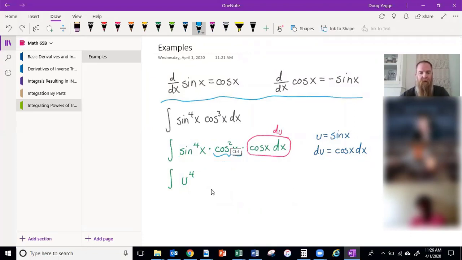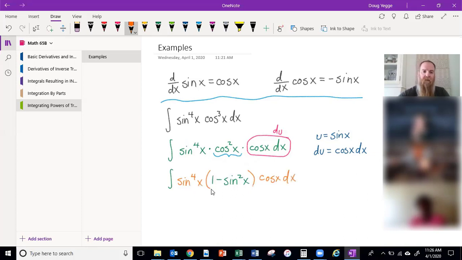Okay, so why don't we go back here and now rewrite this as sine to the fourth x. And now, anytime you see cosine squared x, you should recognize by the Pythagorean identity that that's 1 minus sine squared x, which is what allowed us to convert it into all sine x's.